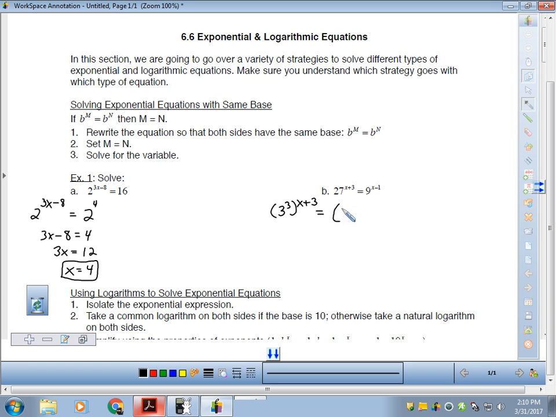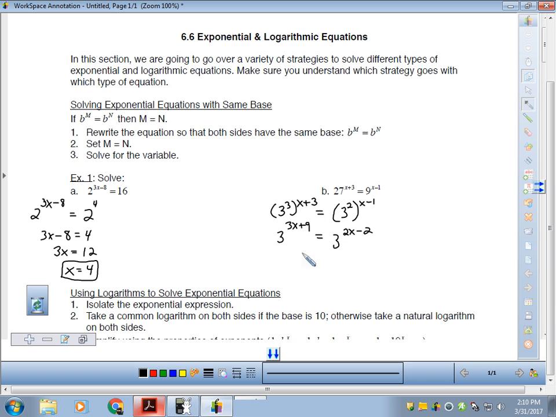And 9 is 3 to the 2nd power, and it's getting raised to the x minus 1. Now here you do have to simplify a little bit using your exponent rules. You have a power raised to a power, so you're going to multiply the exponents. So this one's going to become 3 raised to the 3x plus 9 power. And this one's going to become 3 raised to the 2x minus 2 power.